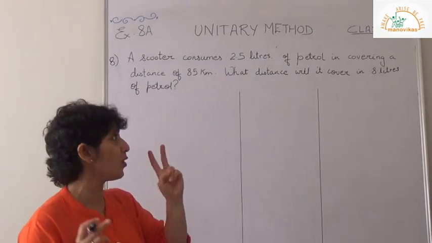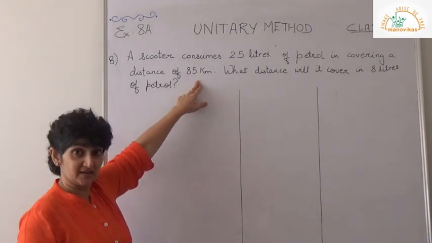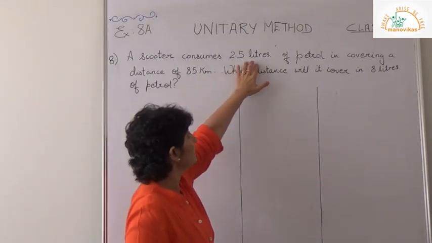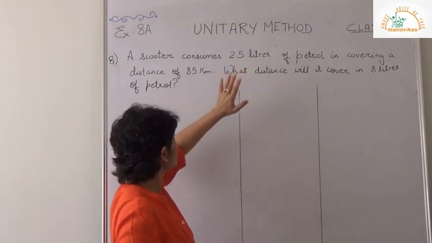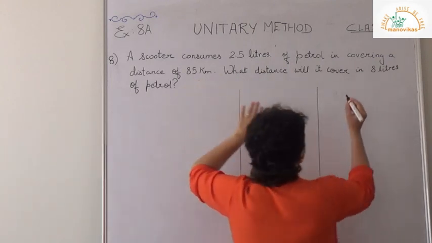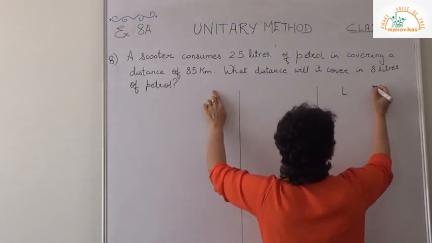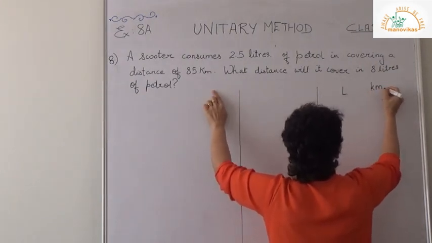So which of the two quantities are we seeing? Liter and kilometers. This is the amount of petrol that is used and the distance that we need to find out. So we have liter and kilometer.